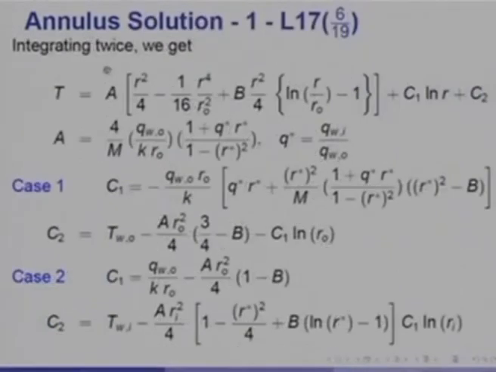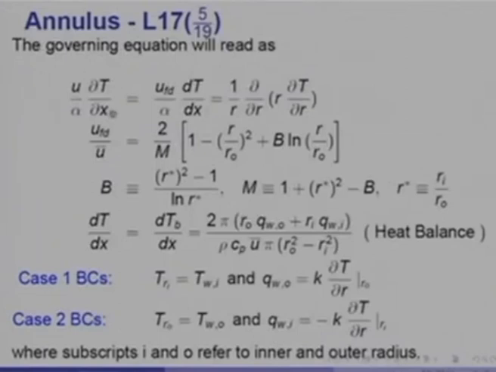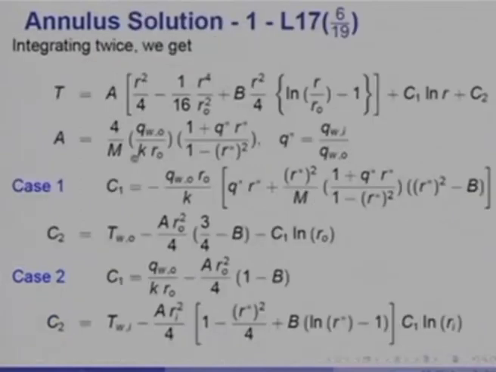Annulus solution. So, if I integrate this particular equation, substituting for dT by dx, dT bulk by dx, and u f d equal to this, and integrate this equation twice, which is, mind you, quite an elaborate integration because logarithms are involved, I would get temperature itself as that, where A, the multiplier of this square bracket, is this, and Q star is inner wall heat flux divided by outer wall heat flux.